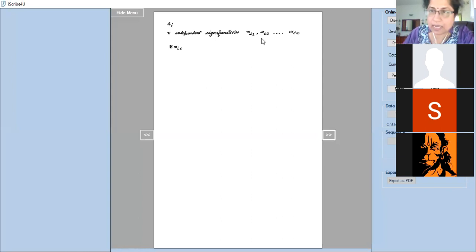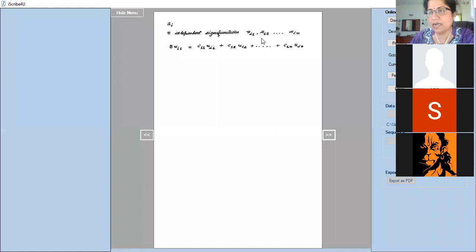So now I can write bui1 as equal to c11 ui1 plus c12 ui2 plus like that c1n uin. Okay, I'm writing down the first equation.